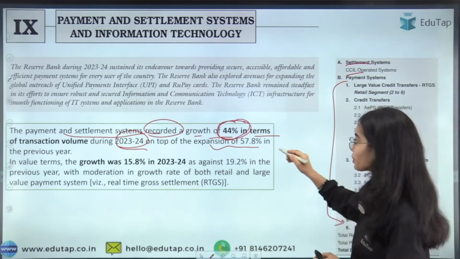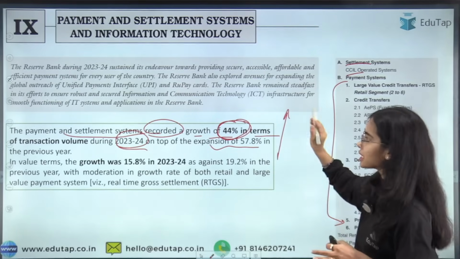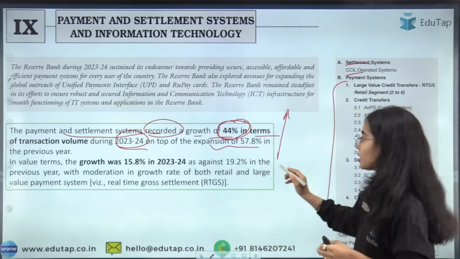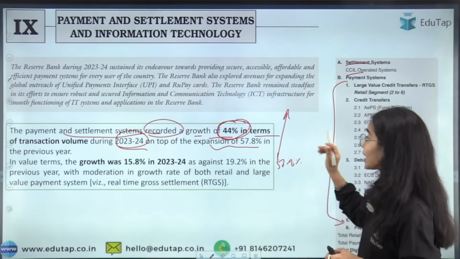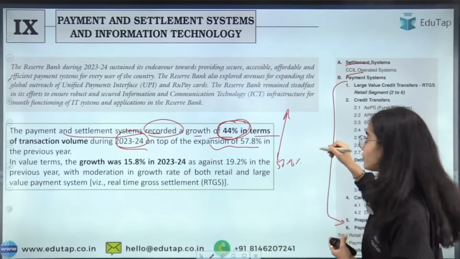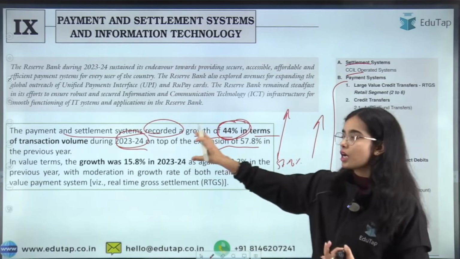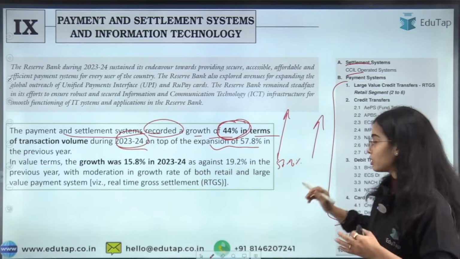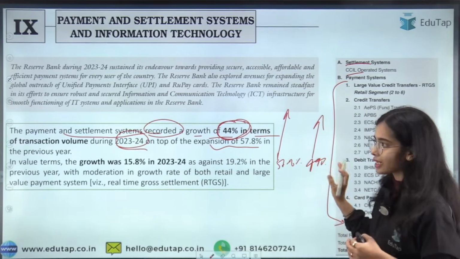In the previous year, 2022-23, there was an increase in the payments and settlement system by 57.8%. Now in this year, further growth has happened, that is 44%. So that is a great thing.